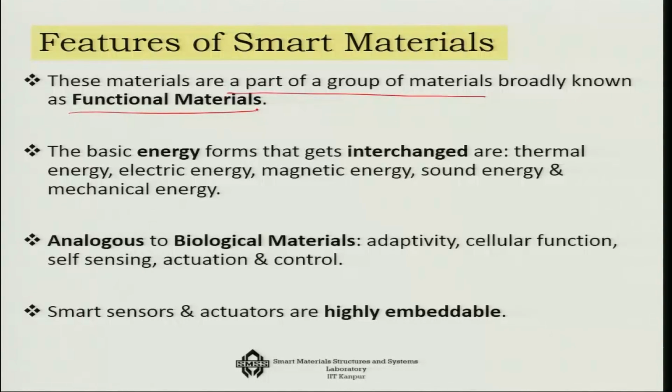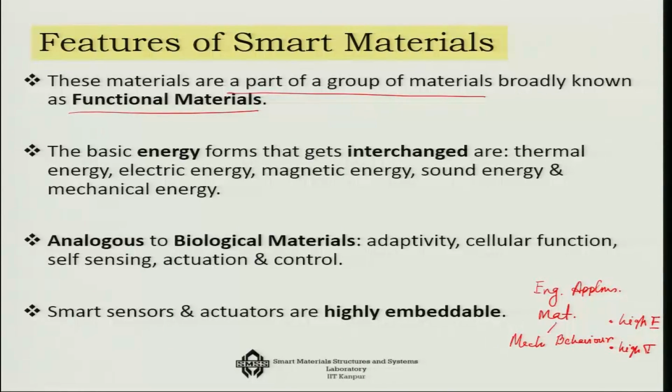But when we say functional materials, what we mean is that generally, from the engineering applications point of view, what we expect mostly from any material is a mechanical behavior. You have seen that from steel, concrete, iron, aluminium, we always look for things like high stiffness, high modulus of elasticity or high yield strength.